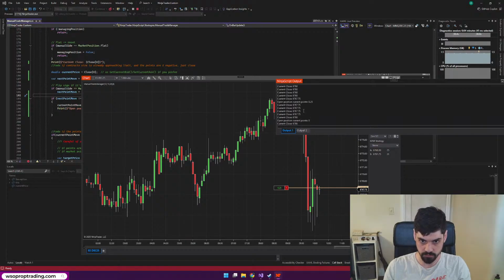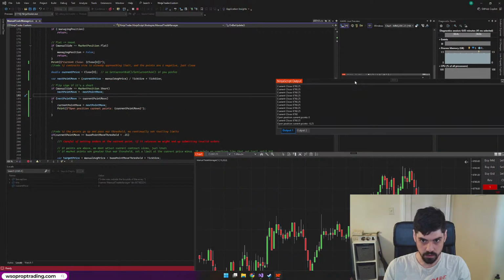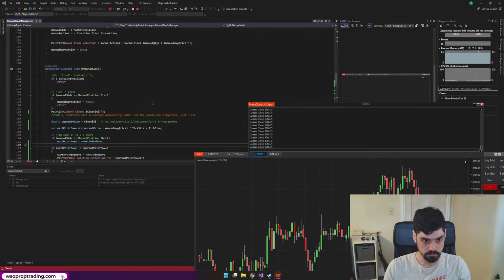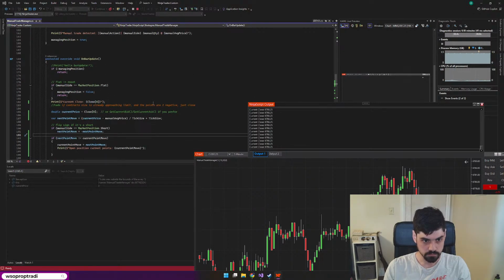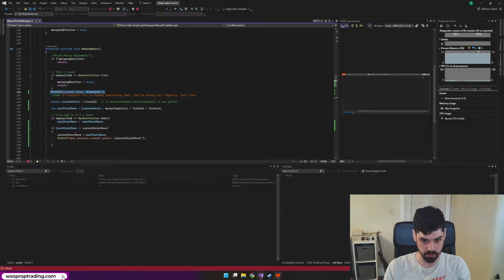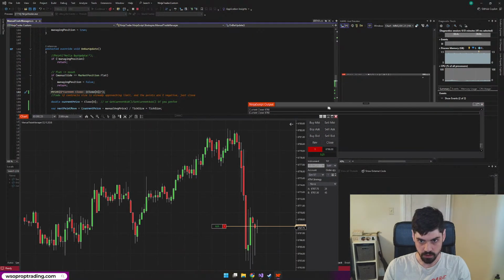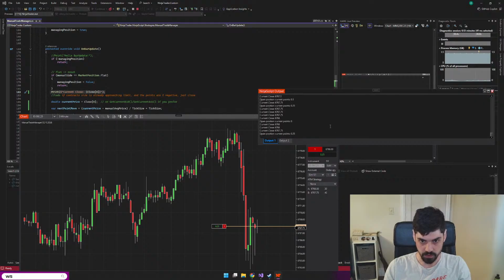They should have to be different, so something's not right there. Well, I guess it's just printing the close no matter what, actually. And then open position current points 0.25. Okay, that's actually right. I should fix the close being printed out. That's really the problem.